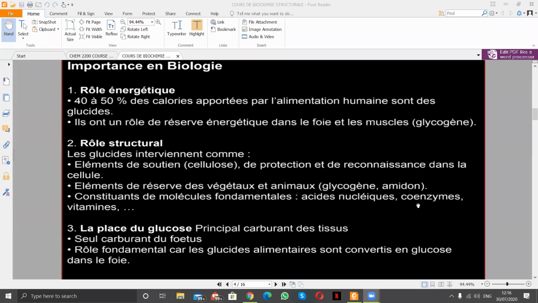Rôle structural, rôle métabolique, rôle de réserve. Let's see what these things do.